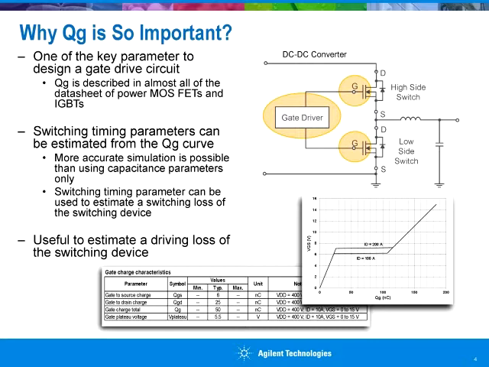Since the on resistance of gallium nitride and silicon carbide devices is much lower than conventional silicon devices, driving loss and the switching loss will become dominant in the total power loss of the device.